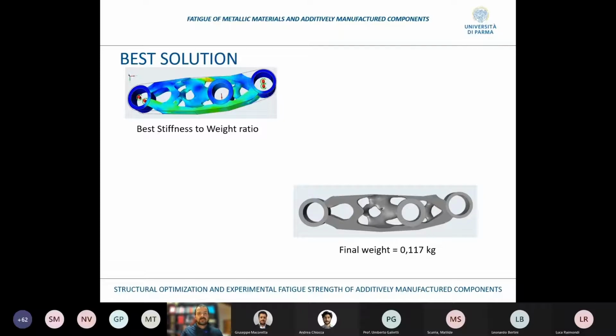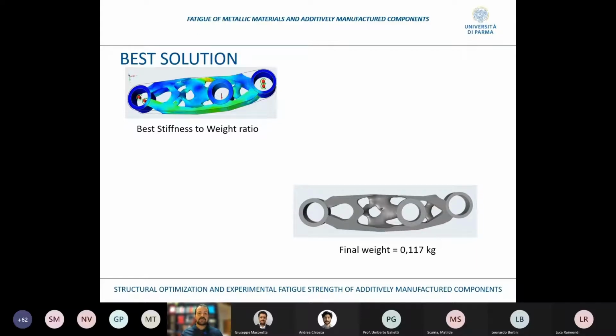As I mentioned before, the output of the optimization is not directly producible because it presents irregularities and surfaces that could be problematic for loading, so for the real application and the real production.